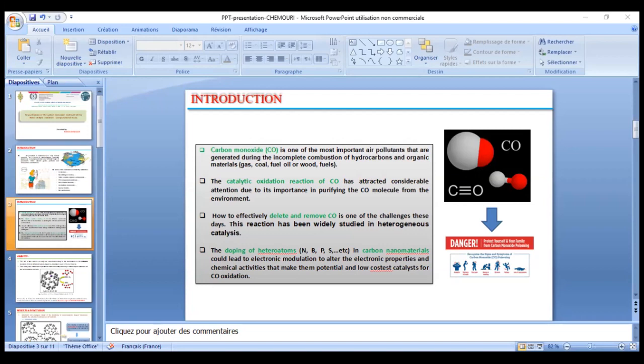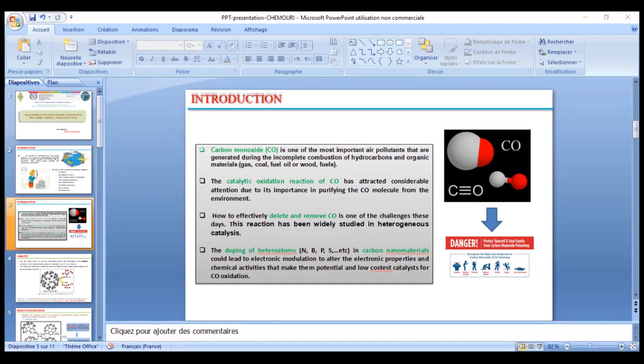Our results are divided into 4 parts. The first is a structural and energetic study of the reactivity of nanocatalyzed doped fullerenes toward the adsorbed substances O2 and CO.